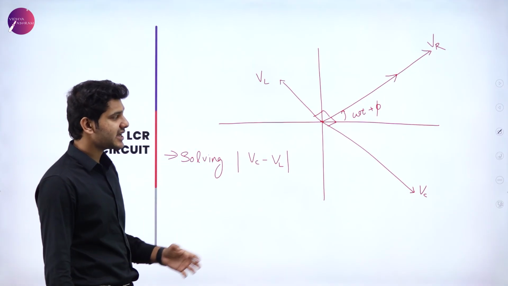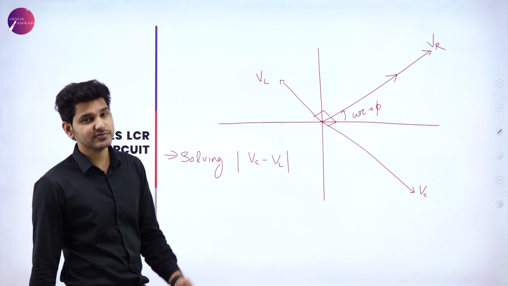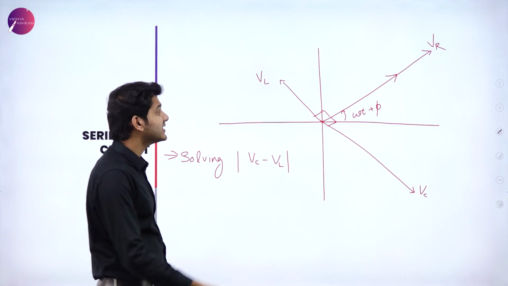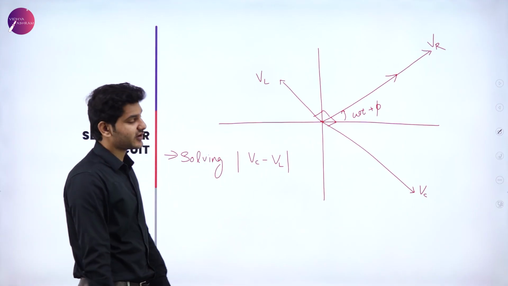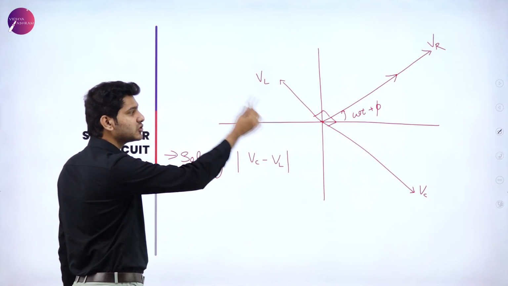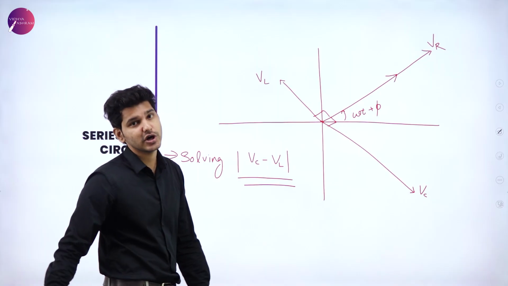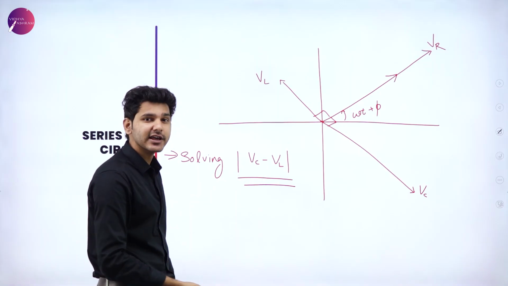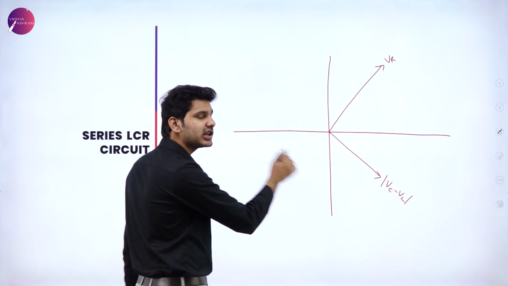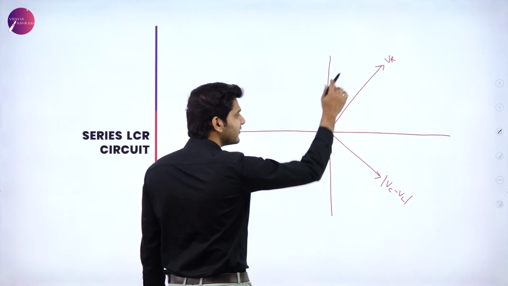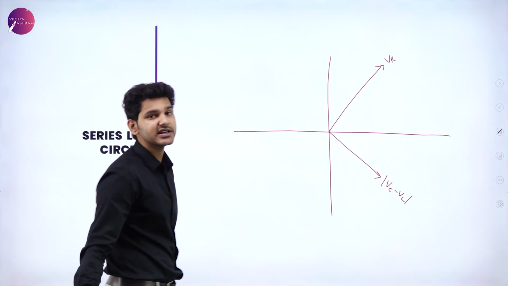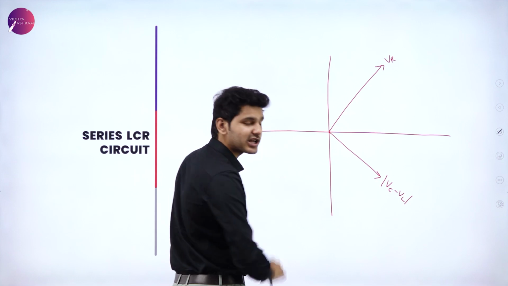In doing that, I will get a new phasor diagram. If I take the resultant of these two vectors, I will get this particular value, or simply the phasor diagram will change to this form, where this will be VR and the net resultant will be acting along this particular direction.